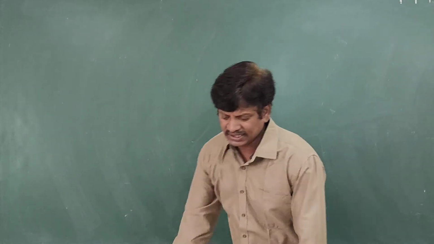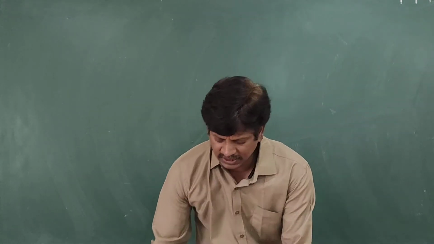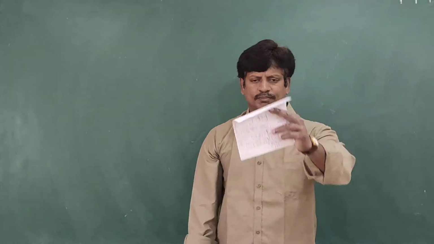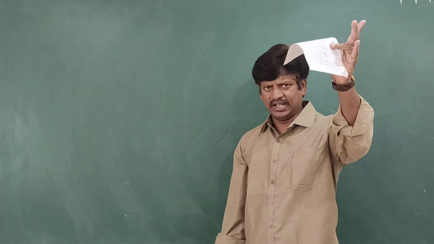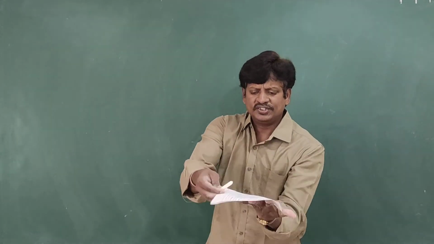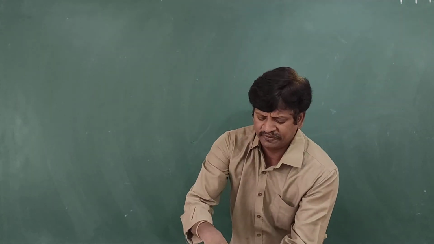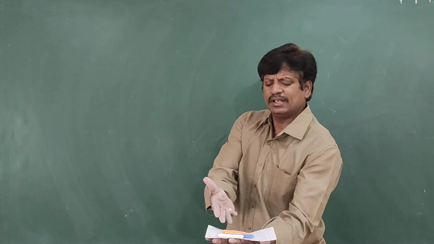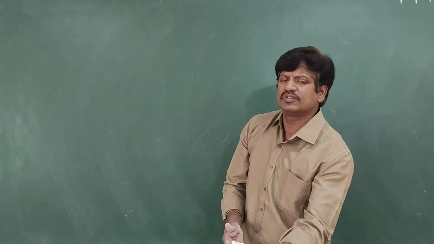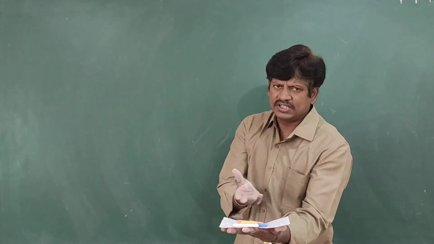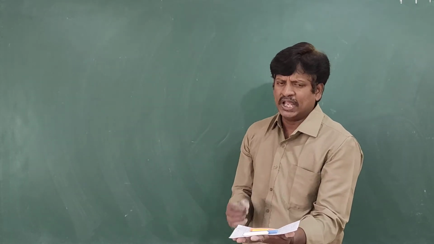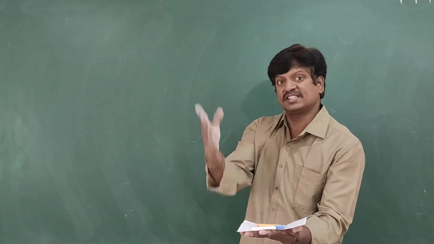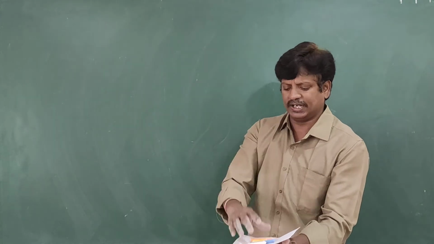Now, let us try to understand the exact meaning of electric flux. I will give you one example. For example, this is an area, right? If electric field lines are on the area, then these lines cannot be counted as electric flux because they are not passing through the area. According to your definition, what is electric flux? The number of lines passing through an area or cutting through an area.